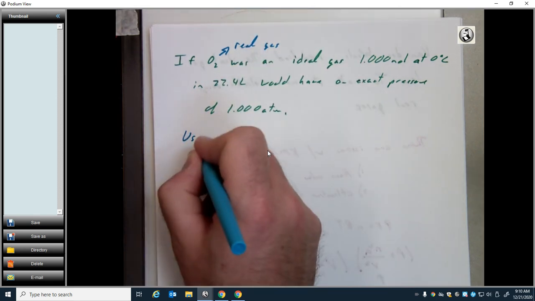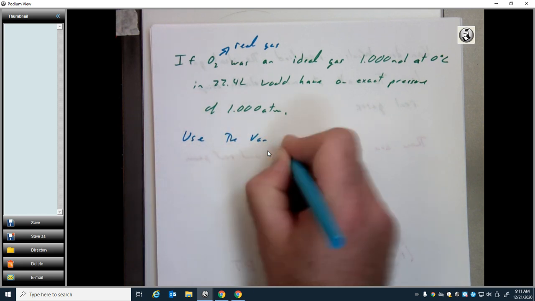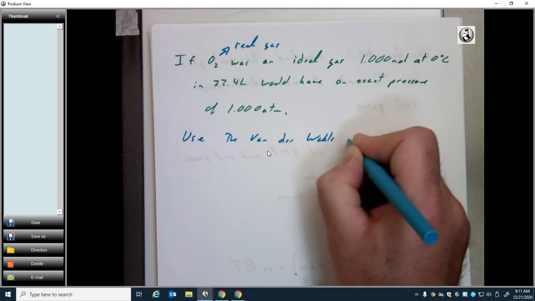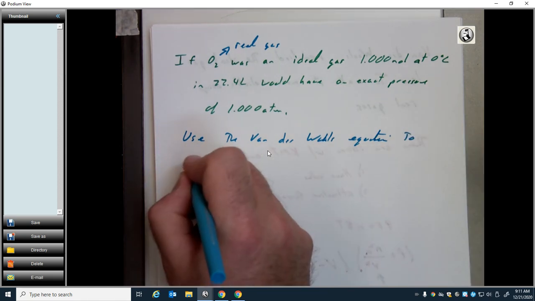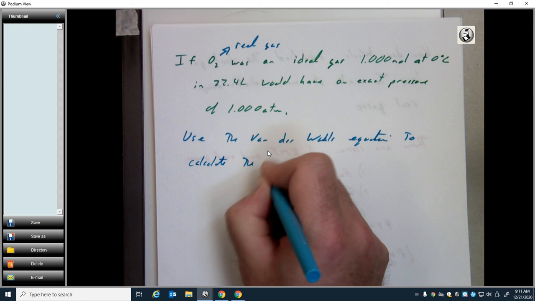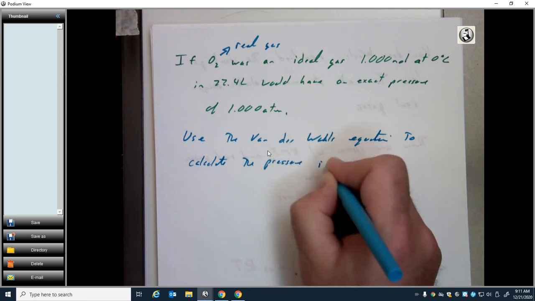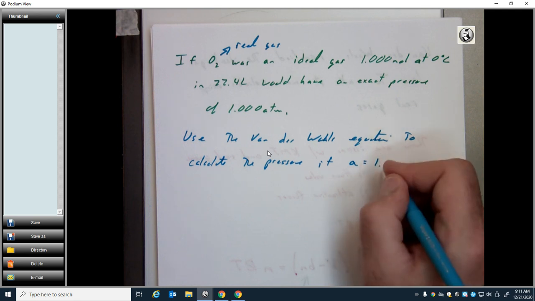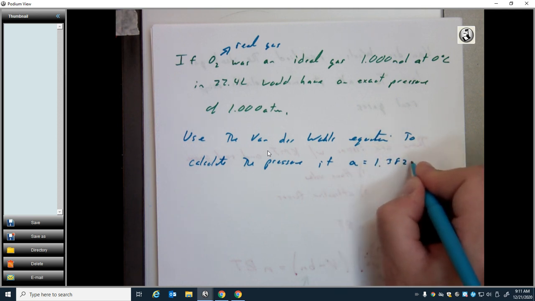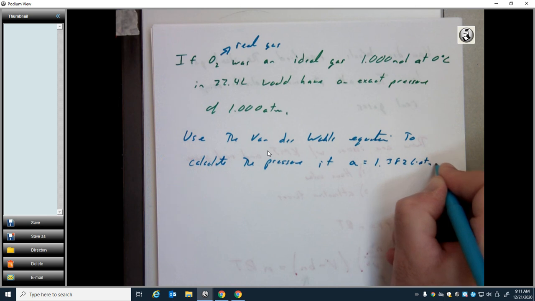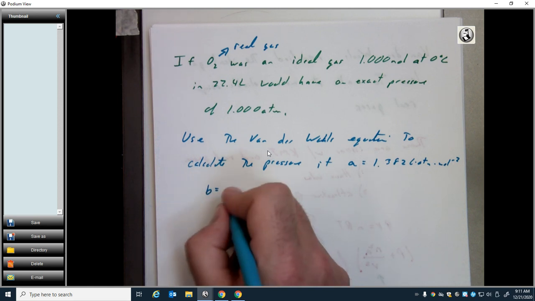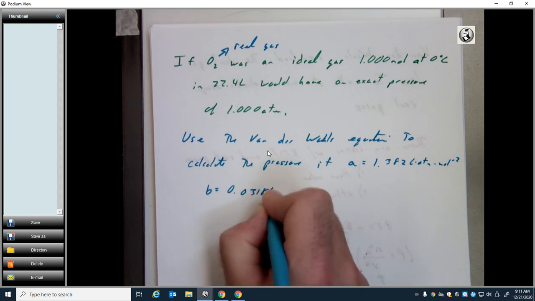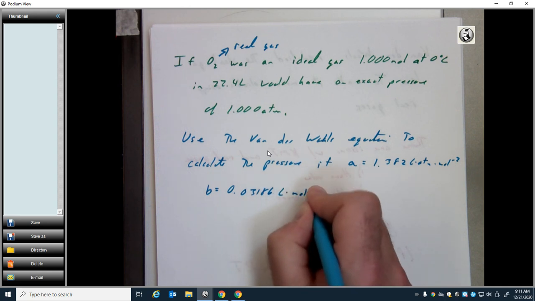So let's use the van der Waals equation to calculate the pressure if A equals 1.382 liter dot atmospheres dot mole minus 2, and B equals 0.03186 liter dot moles minus 1.